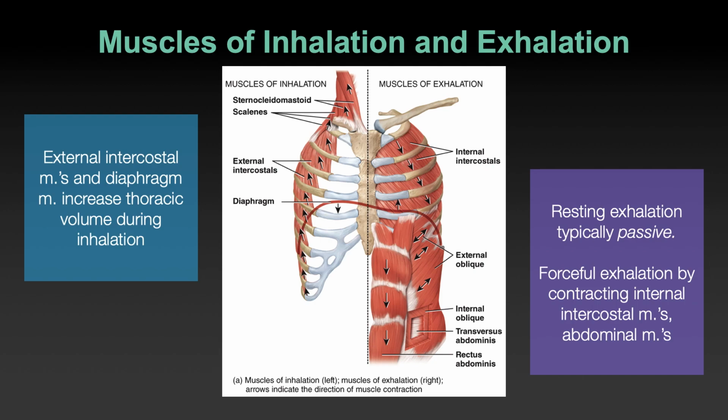And the internal intercostals, when they contract, they try to pull the ribs back underneath, making the thoracic cage smaller. You'll notice those aren't the only muscles on this slide. There are other muscles on the right-hand side. A lot of the abdominal muscles can be forcefully contracted when you exhale, but we're going to limit our discussion to not include them right now.